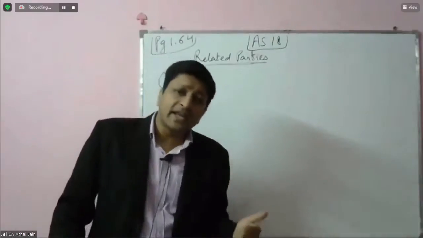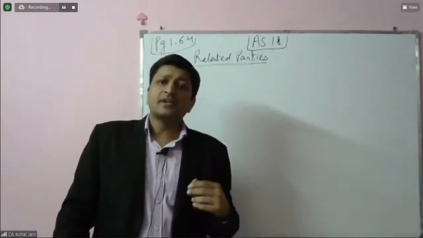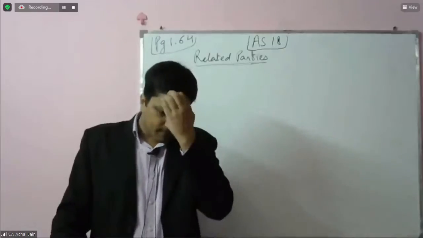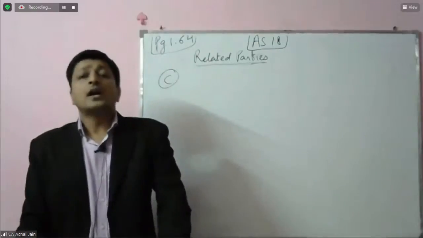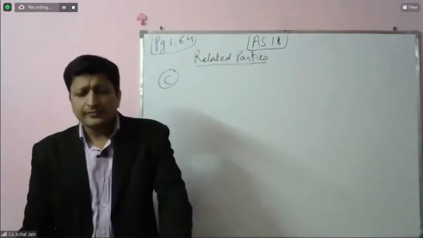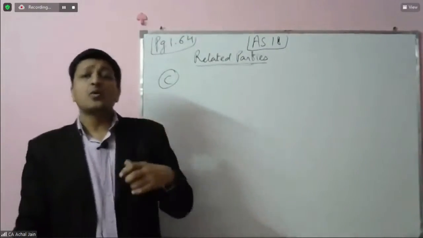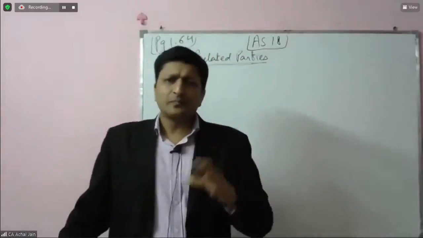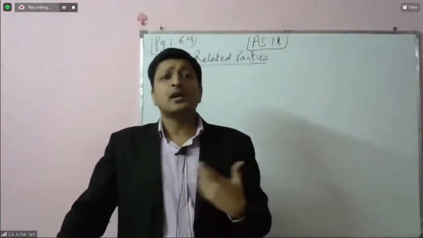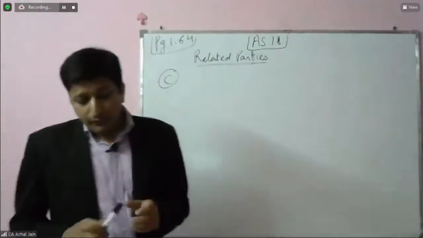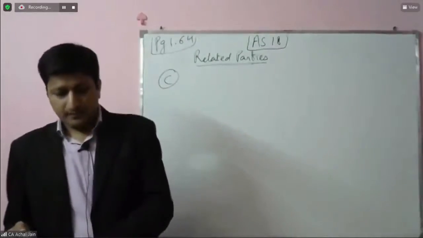See, point number A and B, everywhere when we were talking about control, significant influence, joint control, we were discussing about the entities. So A, B, C, D, E, they were all companies. Now we are talking about individuals.